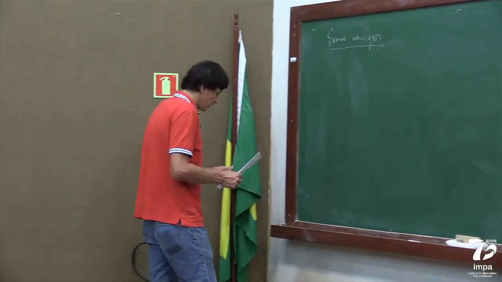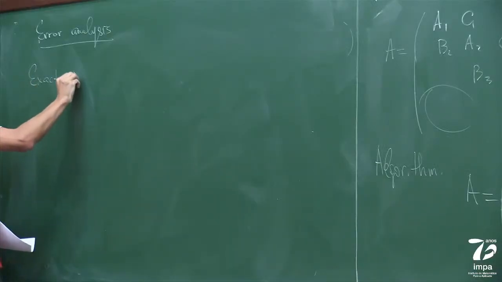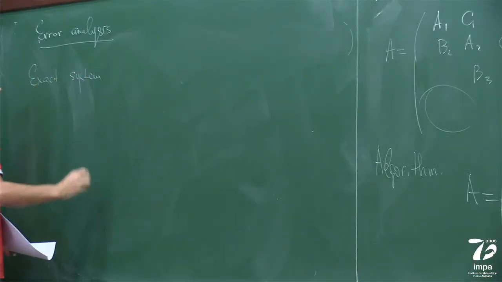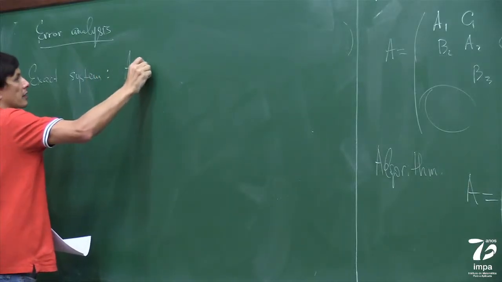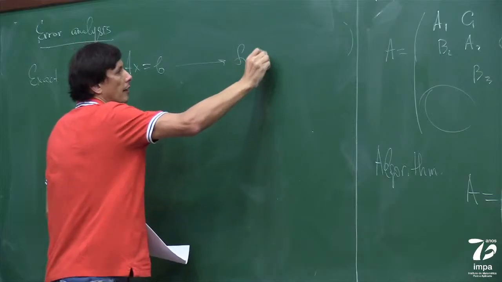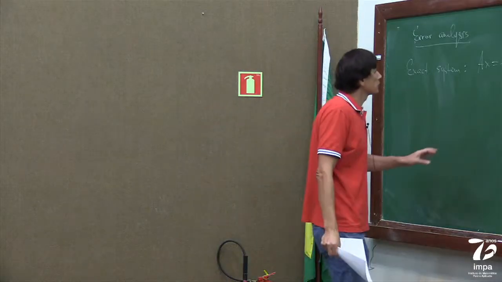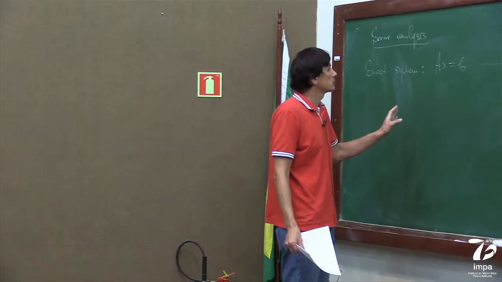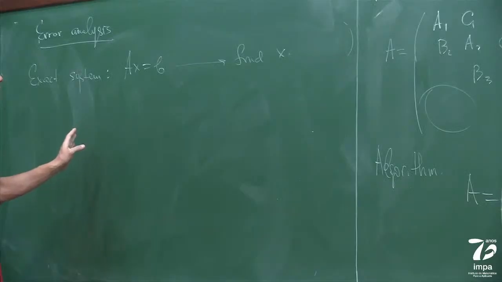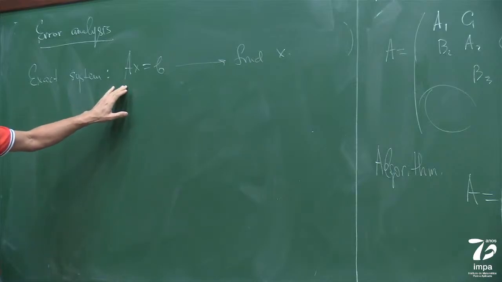What is it about? Let's assume that we have an exact system to solve, AX equal B, and we find X. This is the ideal situation that we want to have. But in reality this doesn't always happen. Usually we don't have B exactly, we don't have A exactly.